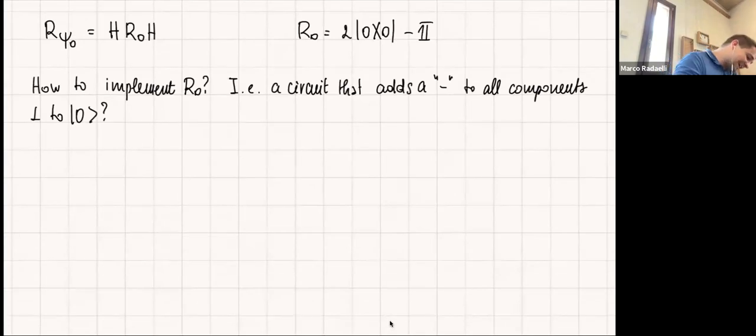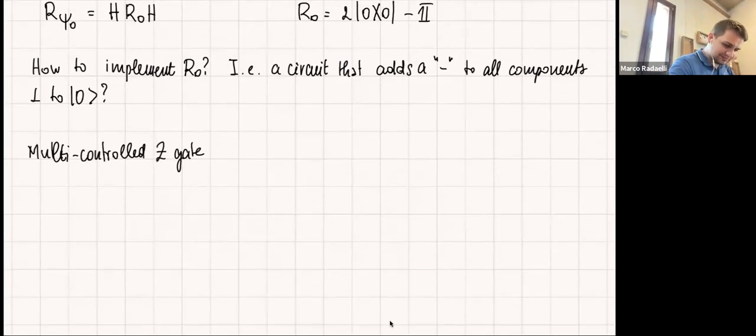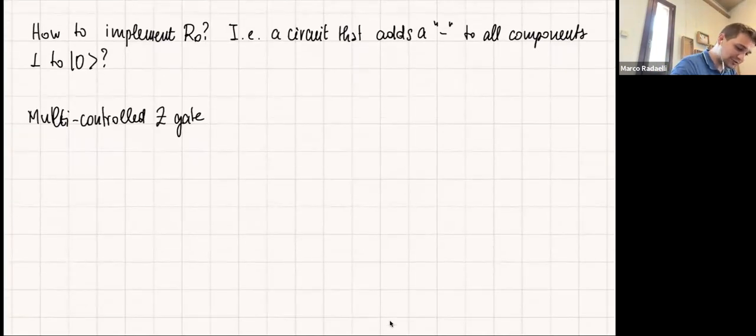Now, the idea on which Qiskit does this is this. We use a multi-controlled Z-gate. How does this work? For our purposes, a multi-controlled Z-gate maps this state into this state.